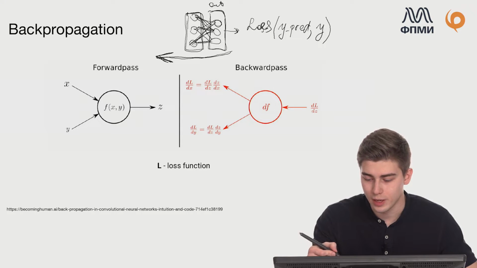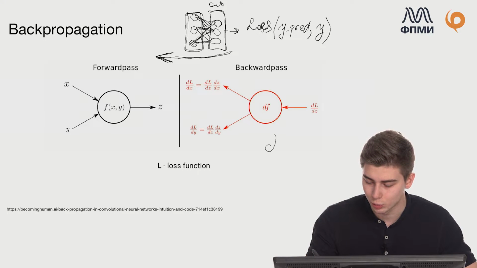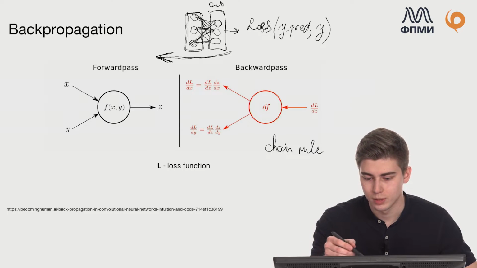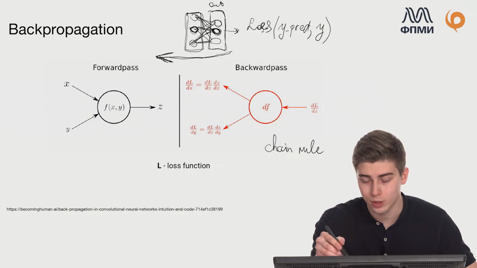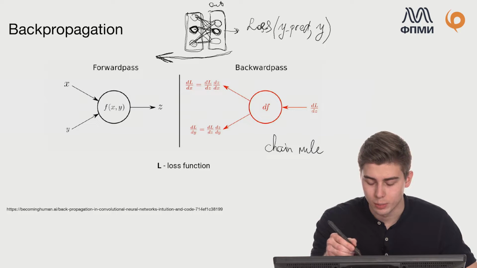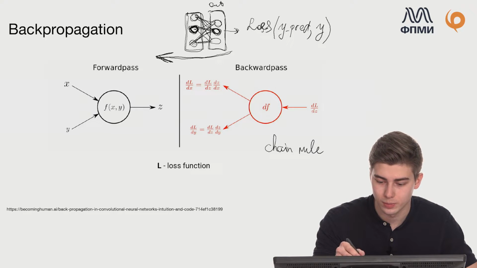So the main idea behind the backward pass and behind the backpropagation algorithm is the chain rule. Because using the chain rule, we can obtain the errors for this neuron using the errors of this neuron. So we use the information of the output layer of our network, and we use this information to update the parameters of the neurons that are in the previous layers in that network.